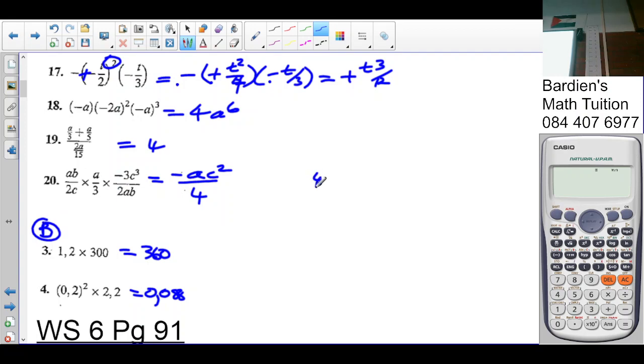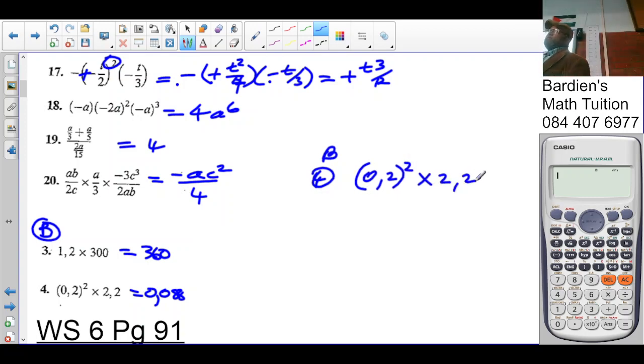So in number 4 of B, we are told 0,2 squared times 2.2. Now we are people who prefer working with fractions. So what I always do is I change it from decimals to fractions. So 0,2 can be written as 2 over 10, squared, times 22 over 10. Now 2 goes into 2 once, 2 goes into 10 5 times.